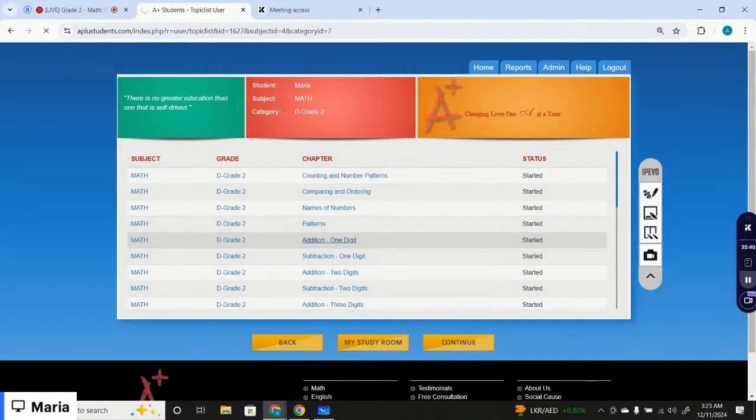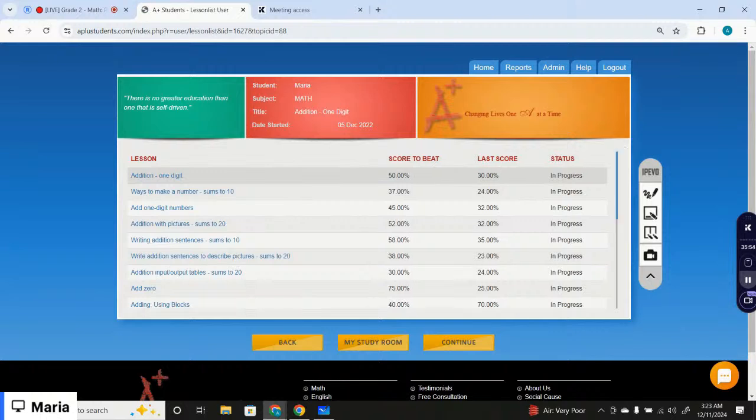So let's just see how we add. Addition one digit.